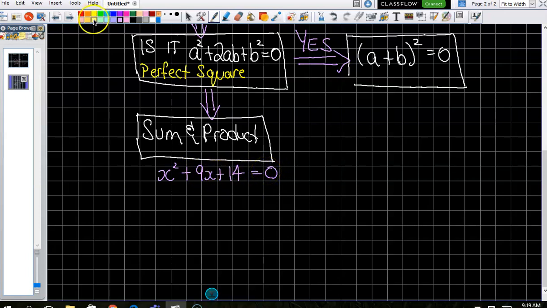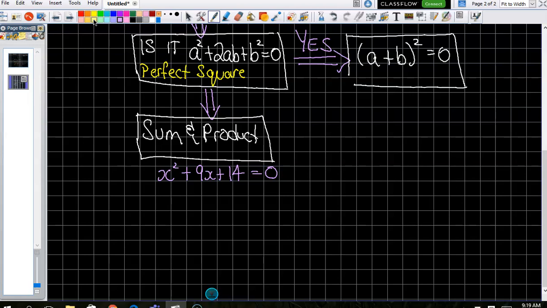So what we're looking for, who would like to take over explaining this? How do we factorize that? What are we looking for? Well, we've put everything on one side. We've looked, there is no common factor. It doesn't look like something squared take something else squared. It doesn't look like a perfect square.